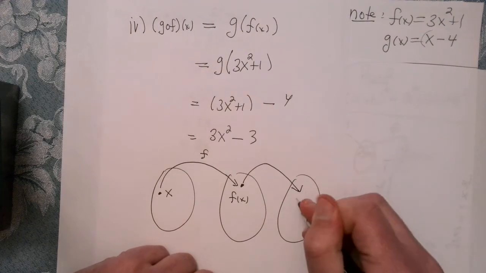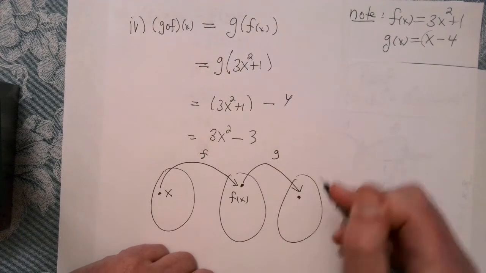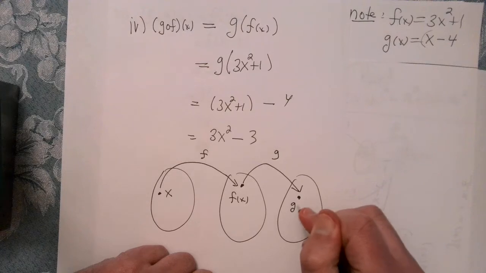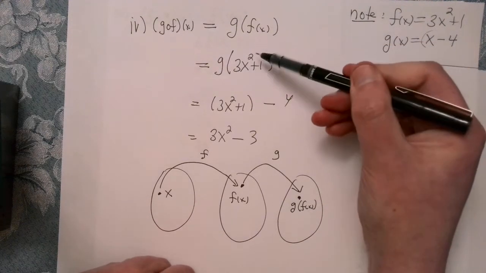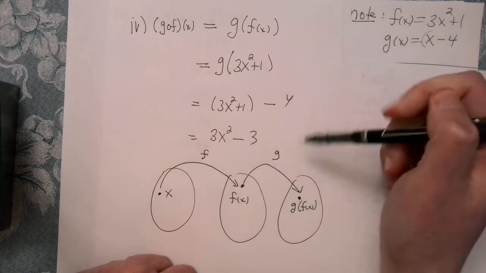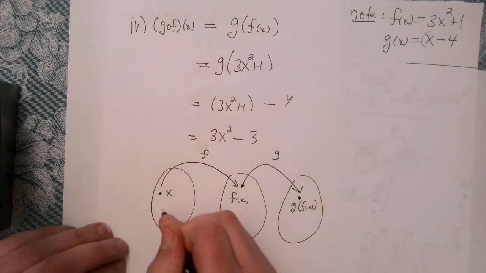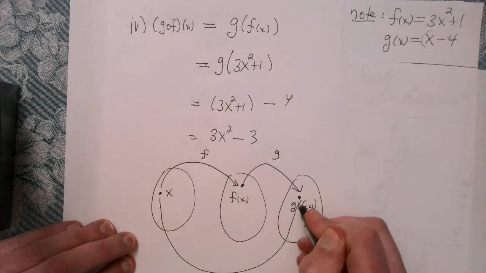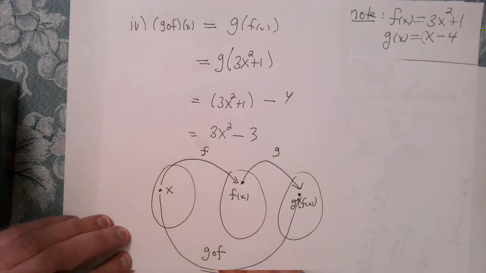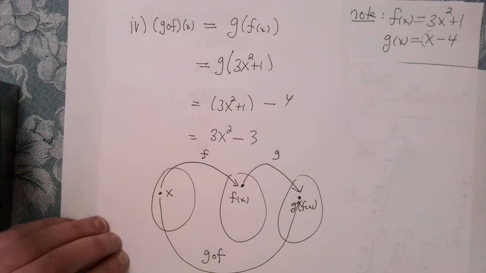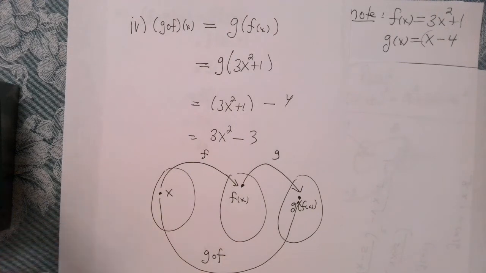And maybe you land here via the map g, but that's going to be g of f of x. Well, instead of doing this step by step in these little bunny hop sequences, how could I have done this all at once? Well, via the composition map, and that's what that formula is telling you. g after f.